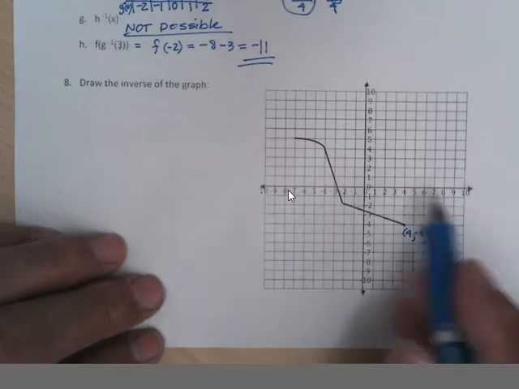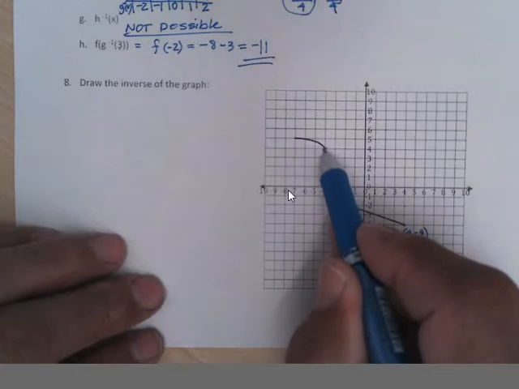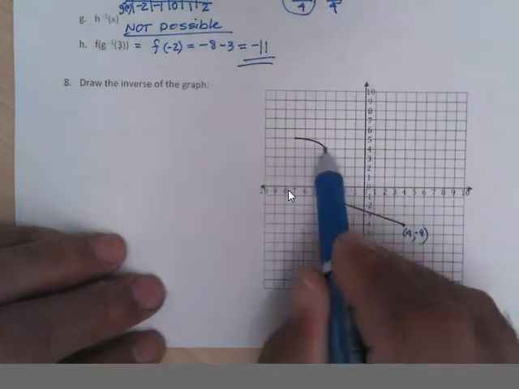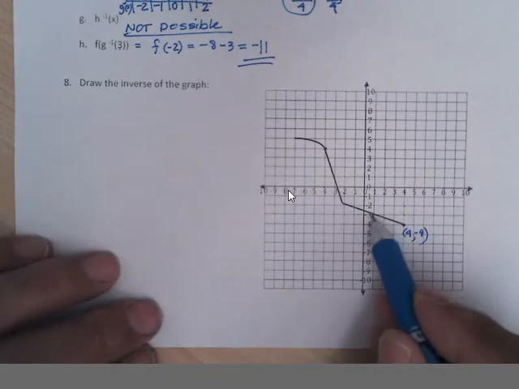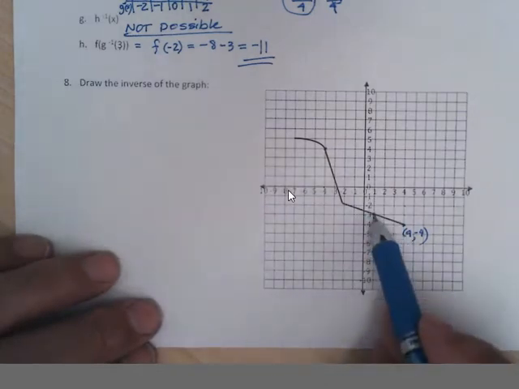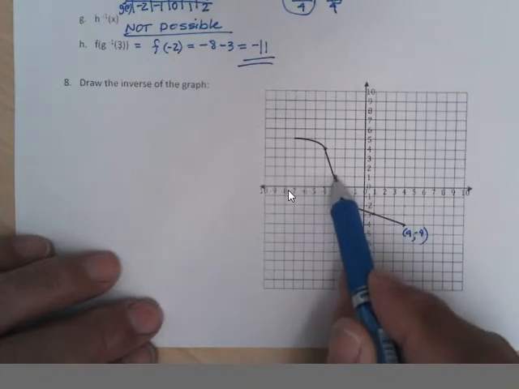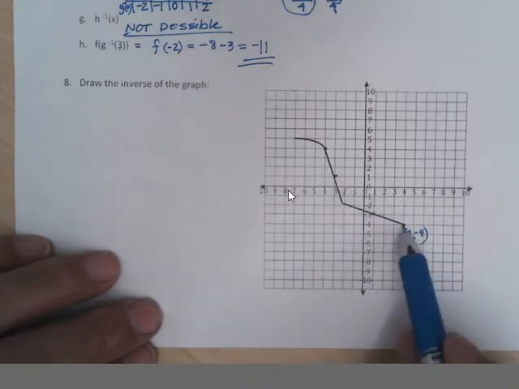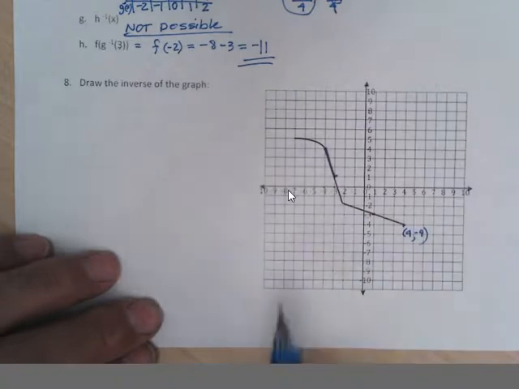So if I switch it, I got to go negative 4, 4. So this point gets put up there. This one gets put where? Well, that's 1, -3. So I got to go to -3, 1. That point goes to there. So this must go this way. So it's landing on top of itself here.